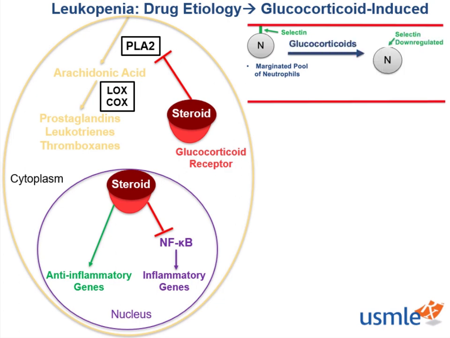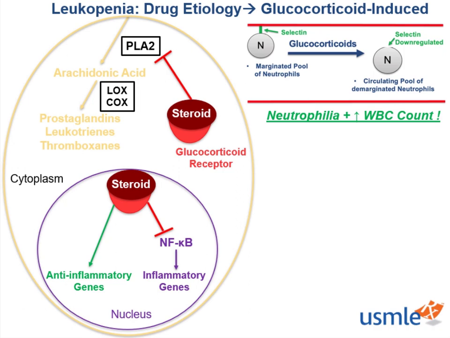Interestingly, glucocorticoids downregulate selectin proteins and other cellular adhesion molecules, releasing these stored, marginated neutrophils into the circulation, the circulating pool of demarginated neutrophils. The demarginated neutrophil pool are the neutrophils in circulation that are measured with a blood draw. The release of marginated neutrophils actually causes neutrophilia and an overall increase in the white blood cell count, a leukocytosis.